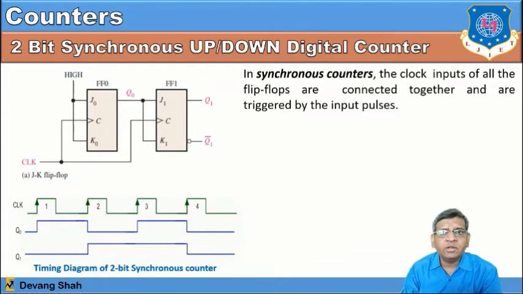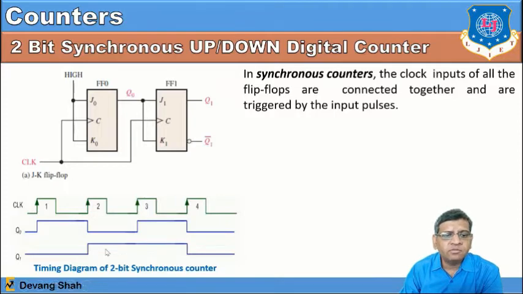You can check when the positive cycle comes from the first cycle of the clock. You can observe it here with the green timing diagram. Clock comes with the positive edge trigger, and Q0 goes to 1 while Q1 is still at the 0 level, right? Because this is what triggers your output.